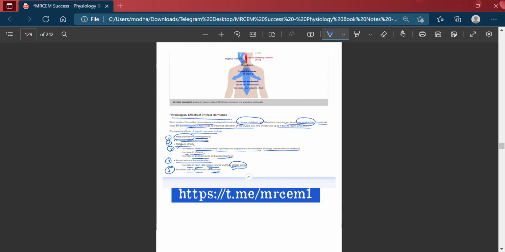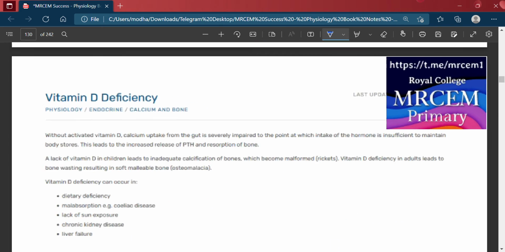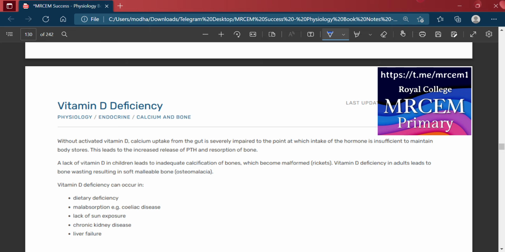thyroid function. Now, we'll discuss vitamin D deficiency. Without activated vitamin D, calcium uptake from the gut is severely impaired, to the point at which intake is insufficient to maintain body stores. This leads to increased release of parathyroid hormone and resorption of bone.